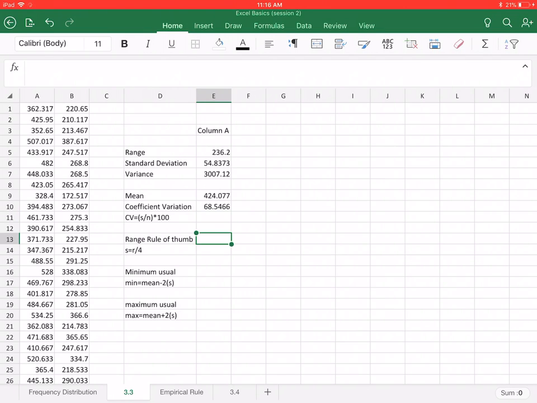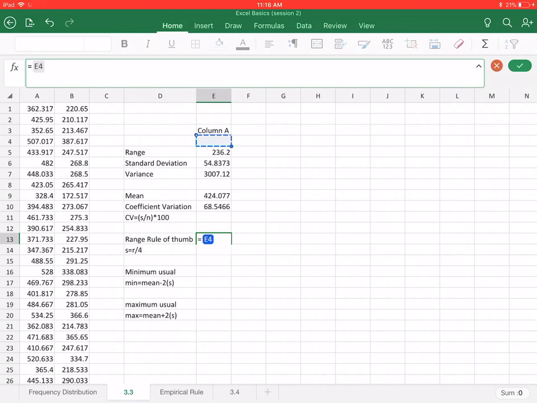And there is our coefficient variation, or coefficient variance, depends on the book or your professor or teacher as to what they call it. So the range rule of thumb is just, does the range accurately predict what the standard deviation is? So all you have to do for this is do the range divided by 4.